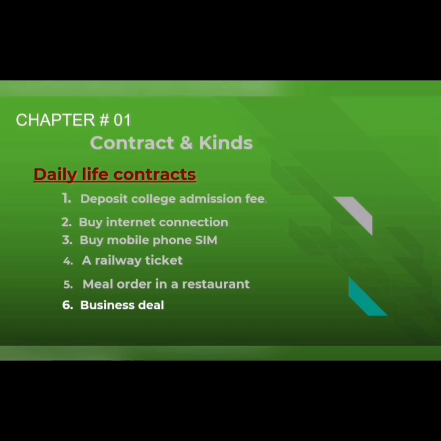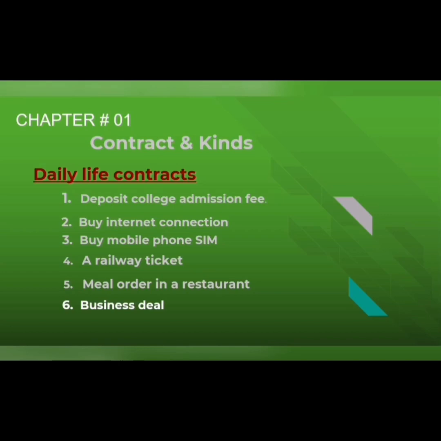Now I am going to provide detail about contracts and kinds. So here comes a list of contracts which we normally establish in our daily life. I have chosen a few examples from your as well as our daily life. Number one, deposit college admission fee.